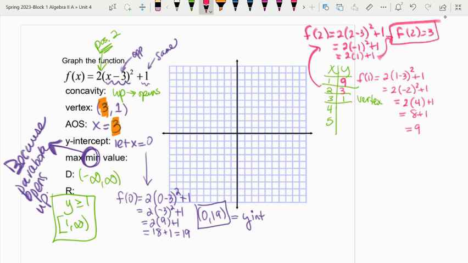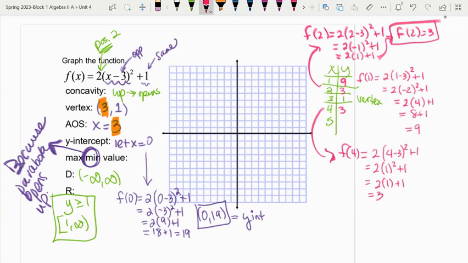So now let's find f of 4. Will be 2 times 4 minus 3 quantity squared plus 1. 2 times 1 squared plus 1. 2 times 1 plus 1, so I get 3.